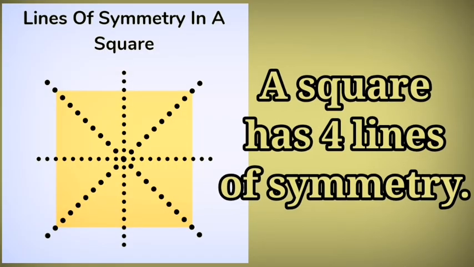Look at the picture. Can you see the lines of symmetry in a square? A square has 4 lines of symmetry.